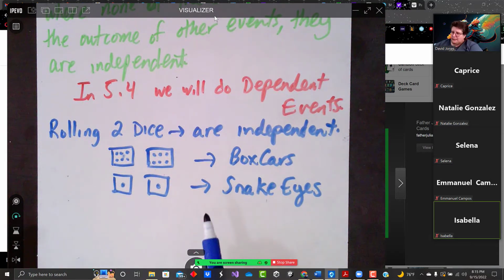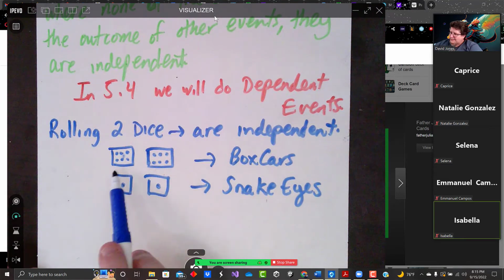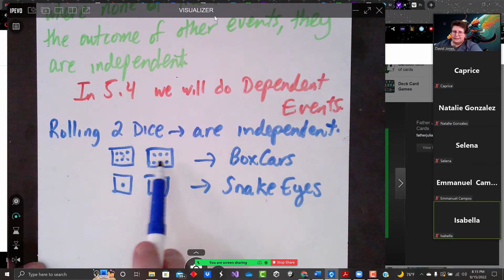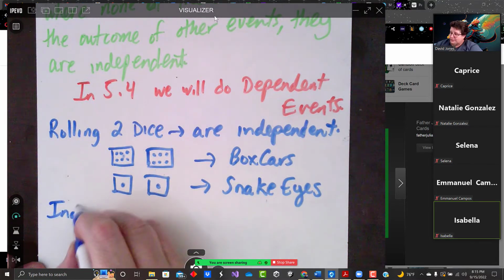Notice that these can result in the same roll. So independent does not mean mutually exclusive.